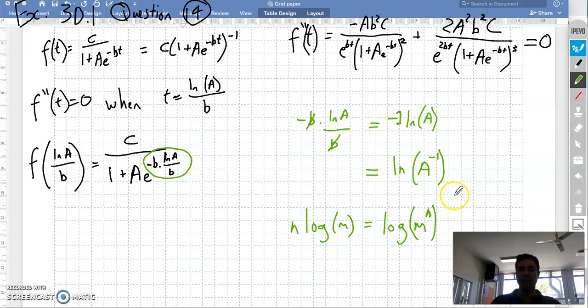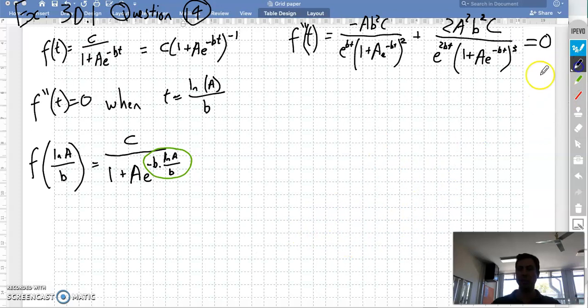And it won't be tested in your next test. If it is, I'll give you a bit of a heads up. Right? So now I need to remember that all of that ended up being ln of A to the minus 1.